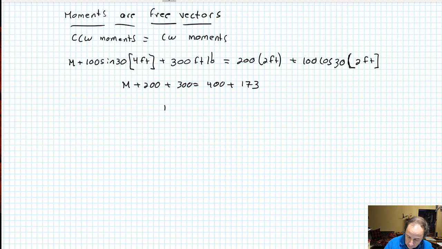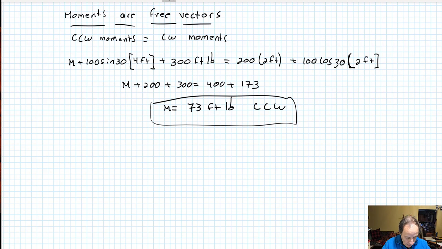And so the moment equals 73 foot-pounds counterclockwise. So the fact that things came out positive means that we chose the right direction. We chose the direction that the reaction was in.